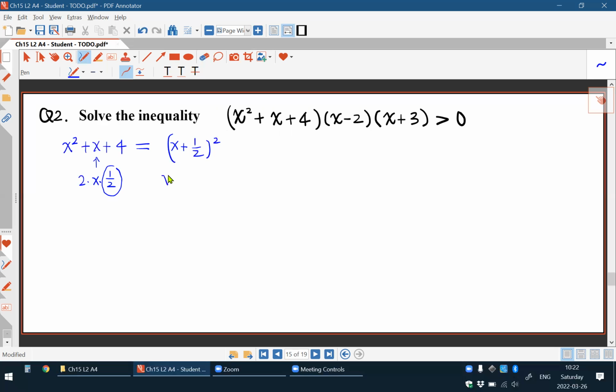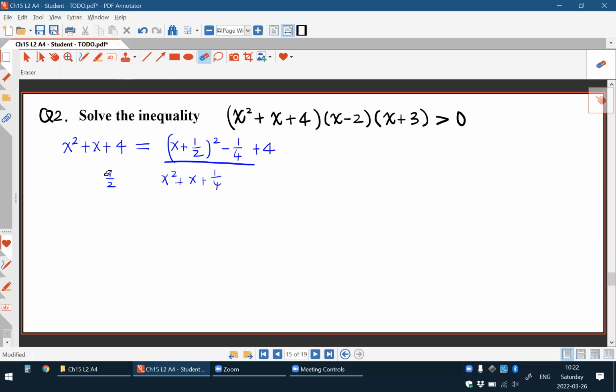And if you expand this, you will get x squared plus 2ab means x plus b squared, which is 1/4, right? But there is no 1/4, so we need to subtract it. So this expression here must be equal to this one, and copy the rest of the expression here.